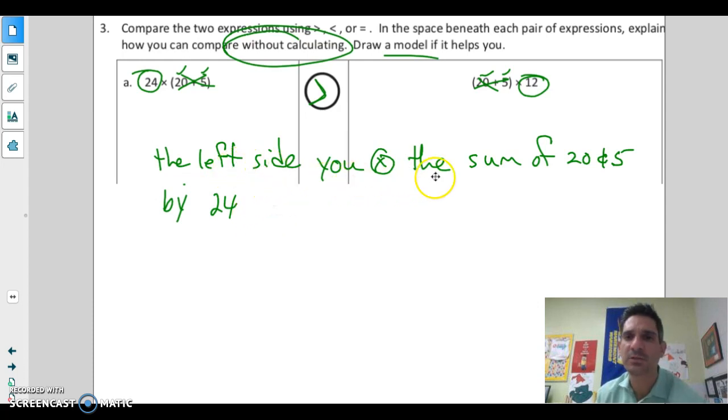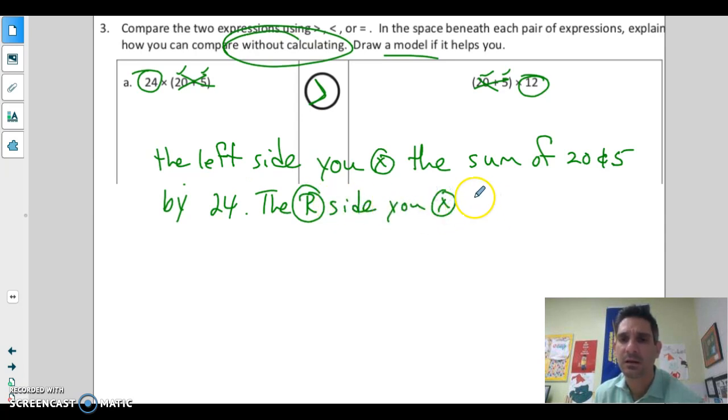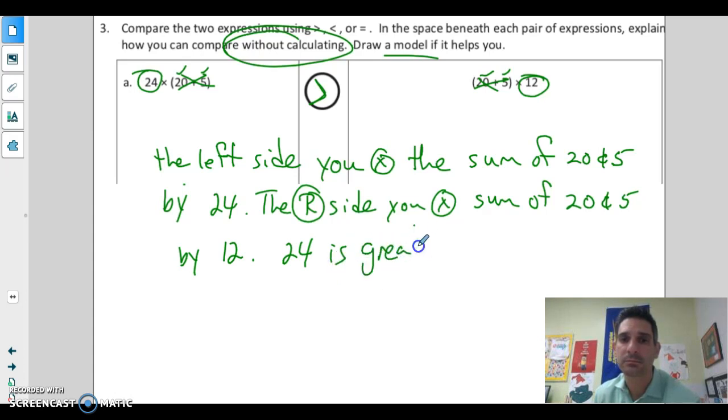On the right side, you multiply the sum of 20 and 5 by 12. And 24 is greater, double 12.